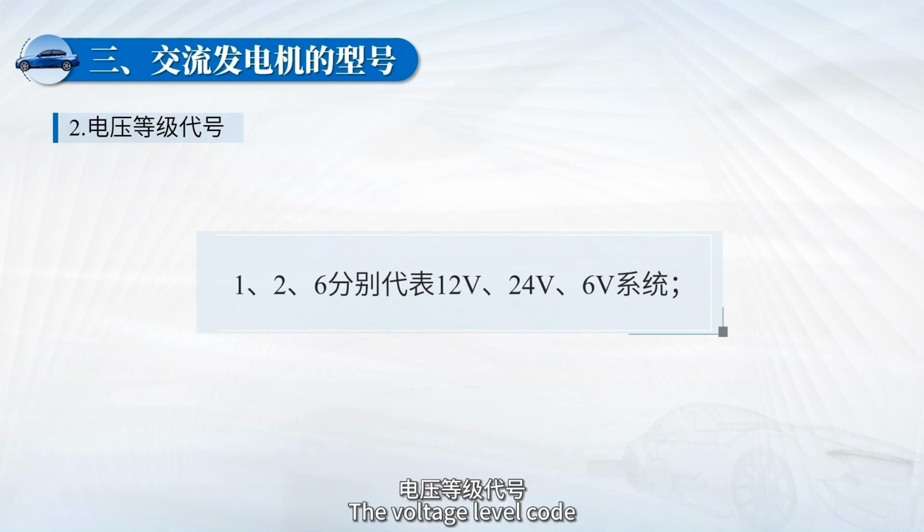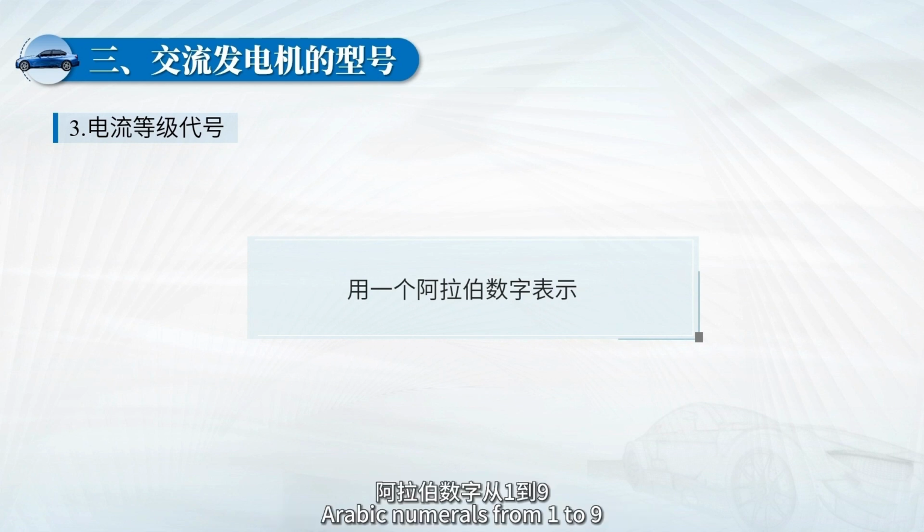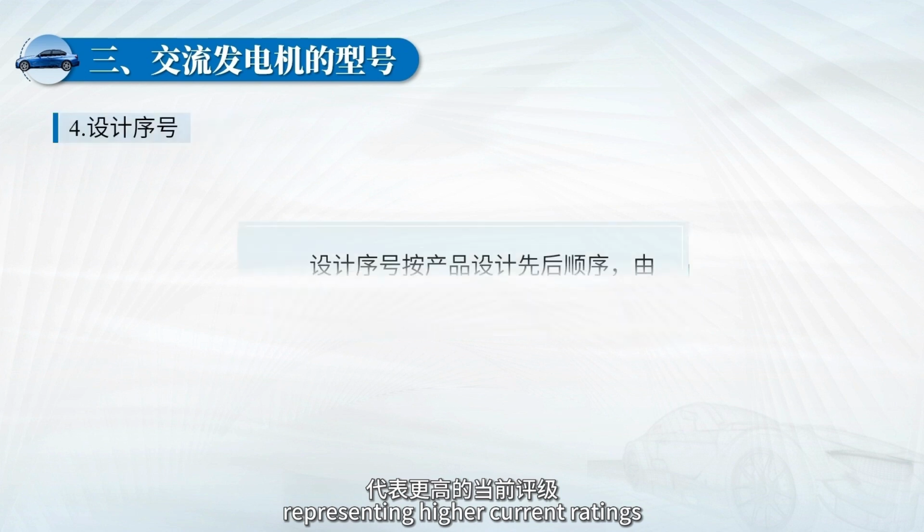The voltage level code: 1 represents a 12V system, 2 represents a 24V system, 6 represents a 6V system. The current rating code is composed of Arabic numerals from 1 to 9, with higher numbers representing higher current ratings.